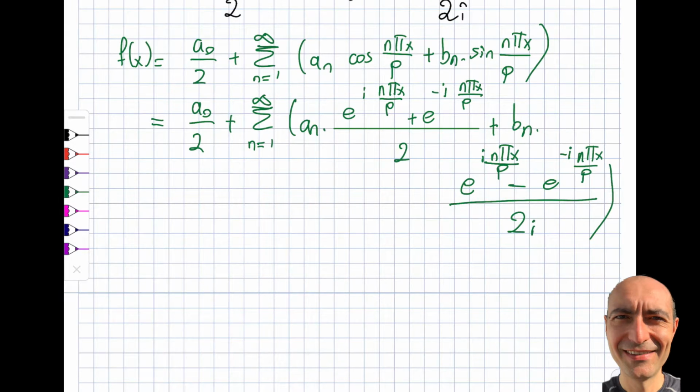a0 plus this. So the next step that I will do is I will factor out in parentheses e to the power of i n pi x by p, and in another parentheses the negative of it. All right, so let's just establish that.